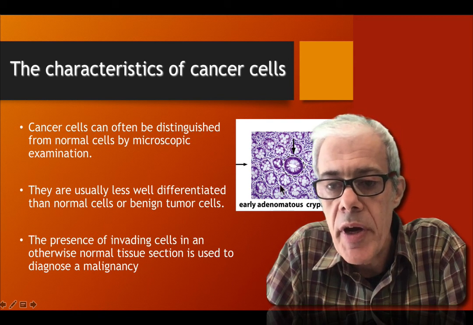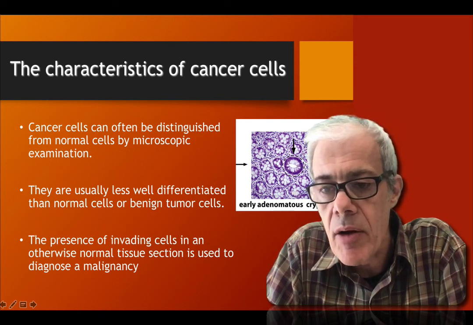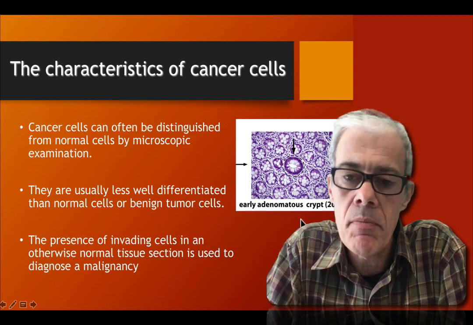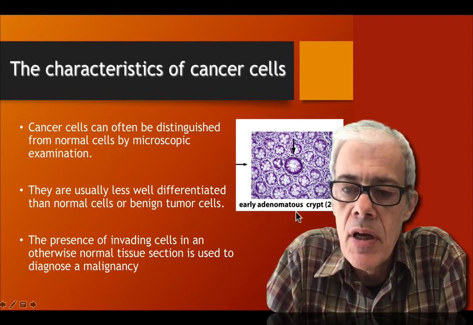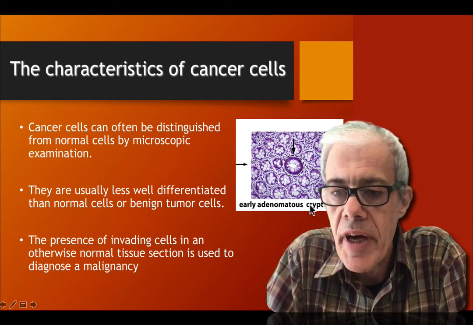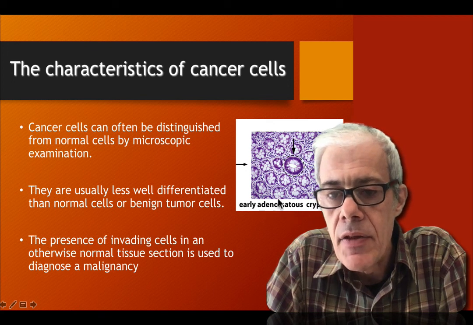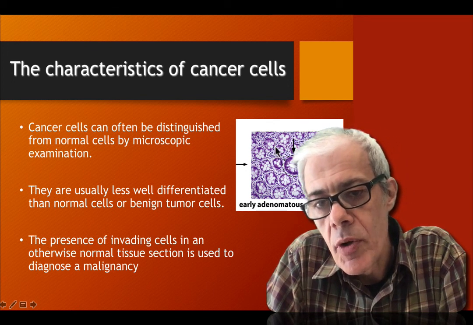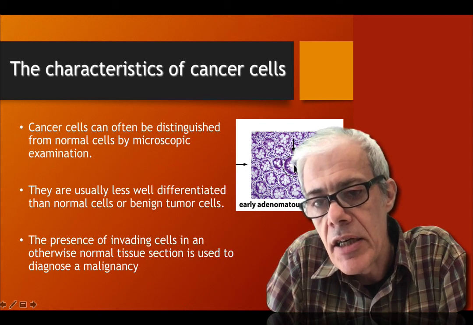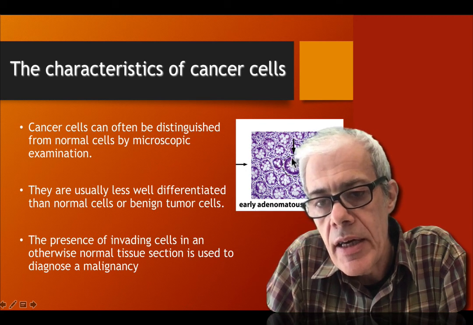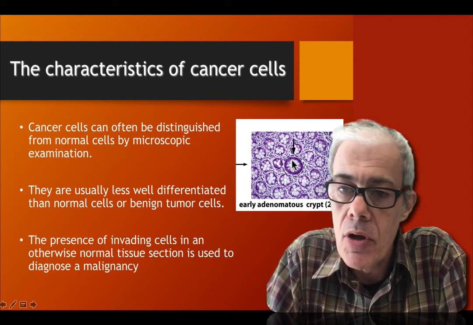This is showing a microscope slide taken at about 20 times magnification. It's looking at a structure called a crypt, and here are the normal crypts in this area of the slide, and highlighted here with this black arrow is an abnormal crypt.